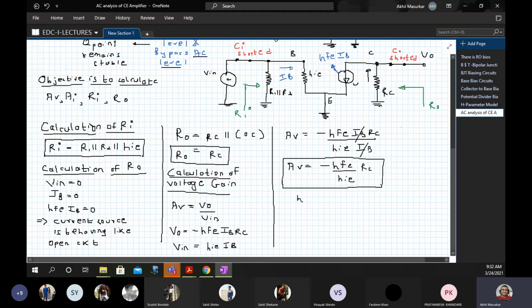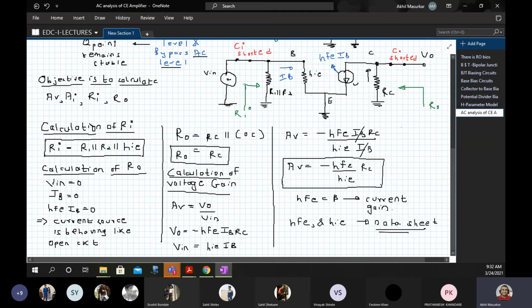HFE is basically the value of beta, which is the current gain, and HIE is the input impedance. HFE and HIE are given in data sheets.